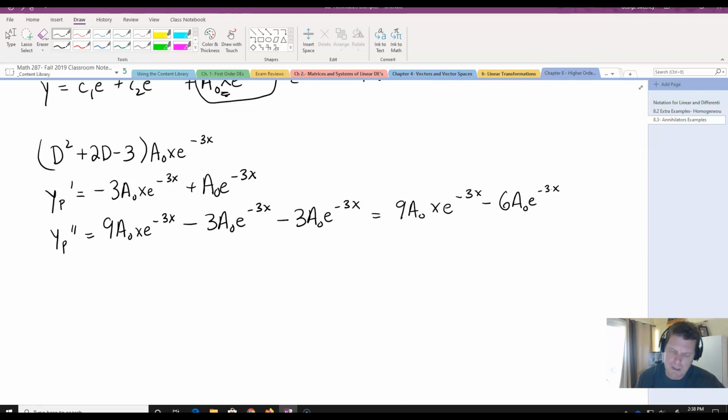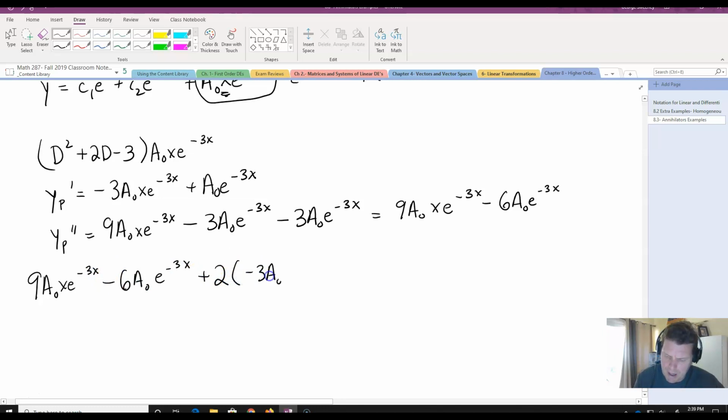Okay. So now d squared, so that's going to be 9 a naught x minus 6 a naught e to the negative 3x, plus 2 times negative 3 a naught x e to the negative 3x plus a naught e to the negative 3x, minus 3 a naught x e to the negative 3x.